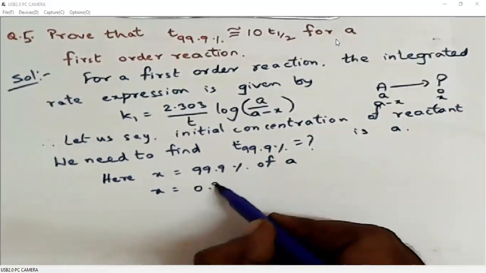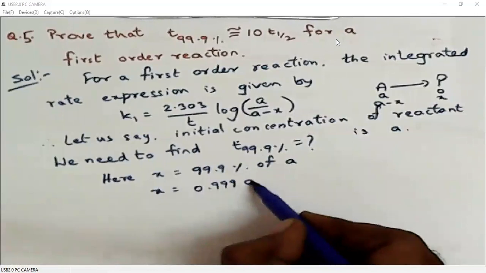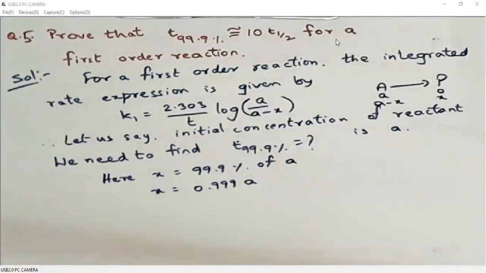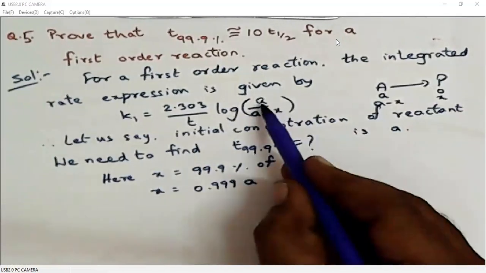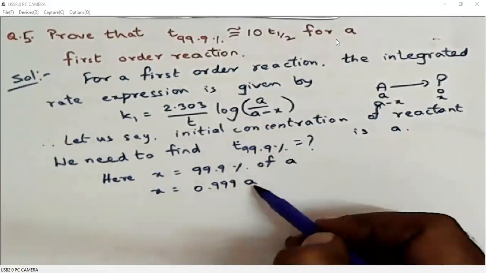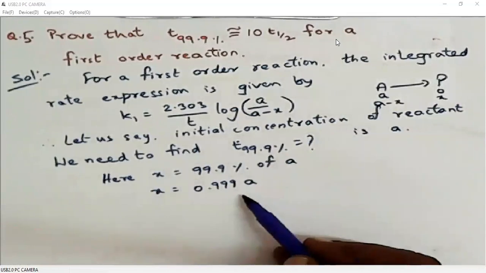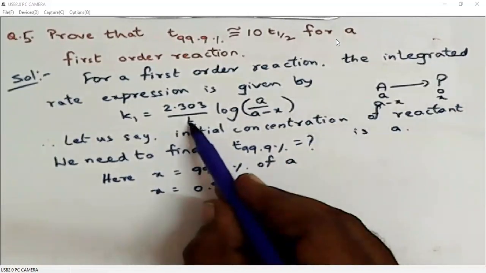So it becomes 0.999 A. Now substitute these values in the integrated rate expression. We have considered A, we know X which is derived in terms of A, and we need to calculate the time.